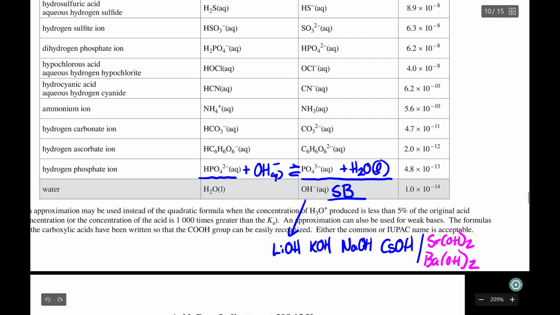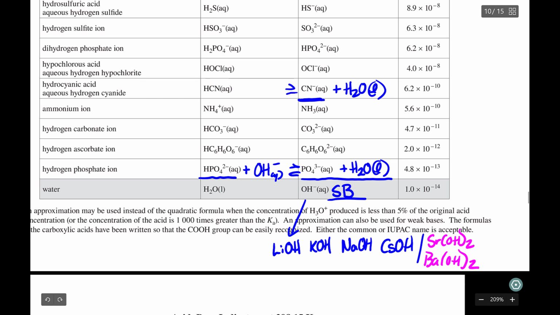So for instance, let's say I was told I had potassium cyanide and I needed to write an ionization equation for potassium cyanide. I could simply go, okay, it needs to react with water. I'm going to react water in here. What's it going to become? Well, it's going to gain a hydrogen from water, so it's going to become HCN. So that would be on the product side.